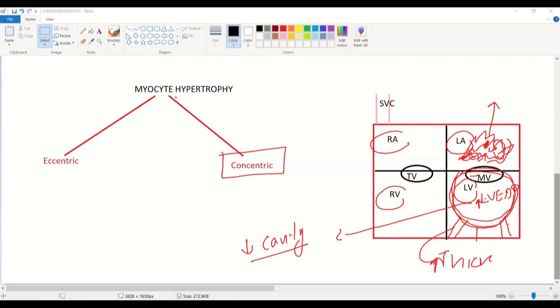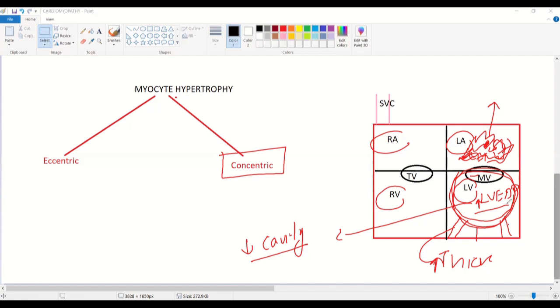Okay. Then I have a question, Doc. In that case, what is happening to the mitral valve? The mitral valve will basically lead to mitral regurgitation because of the increased pressure generated in the left ventricle.